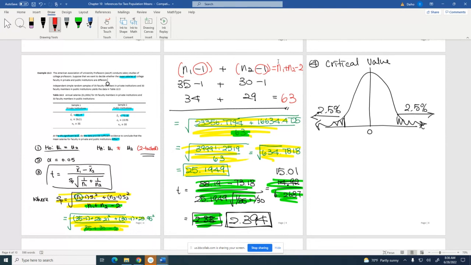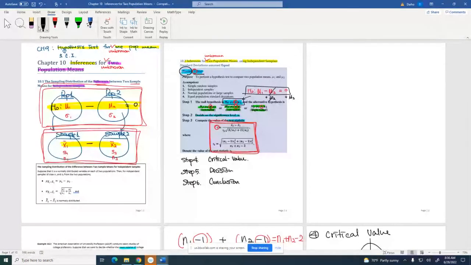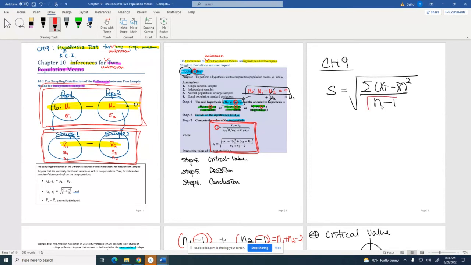Do you remember where n minus 1 was before in chapter 9? In the t-test, we had S, which was the square root of the summation of xi minus x bar squared over n minus 1. The degree of freedom, n minus 1, was in the denominator.